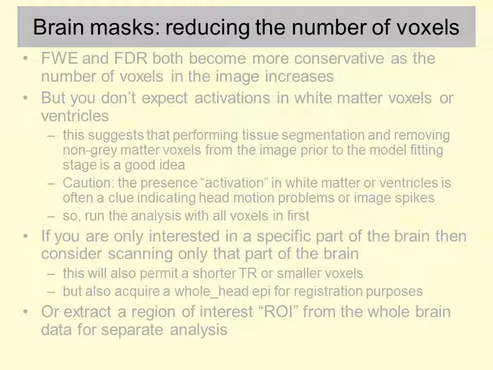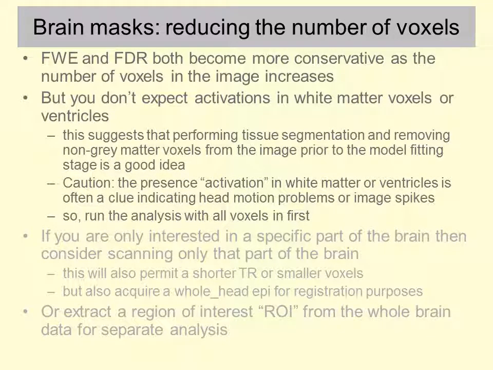In general, we're only expecting to see activations in grey matter, not white matter or cerebrospinal fluid, ventricles, etc. So you might as well remove them from the image if you can. You then go on to use a family-wise error rate control or a false discovery rate control as before, but you avoid the problem of them becoming excessively conservative due to the large number of voxels in the image.